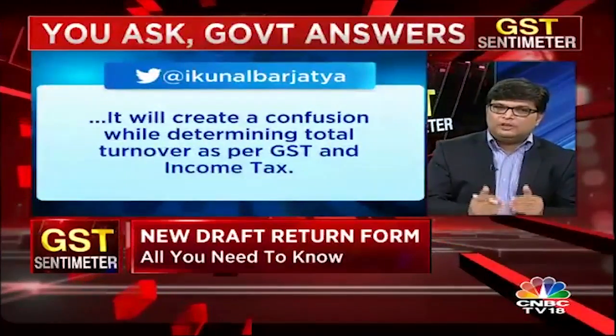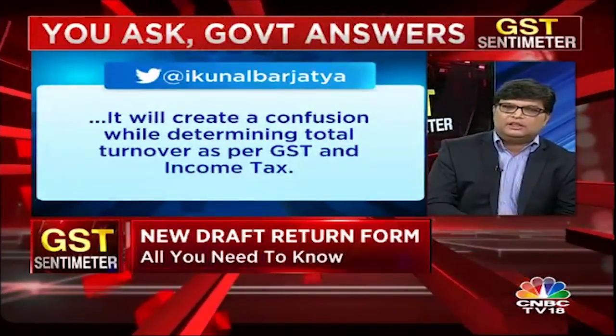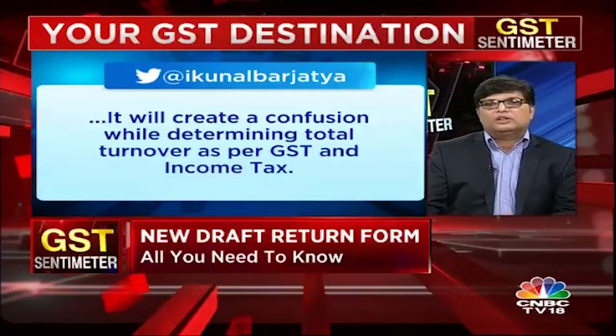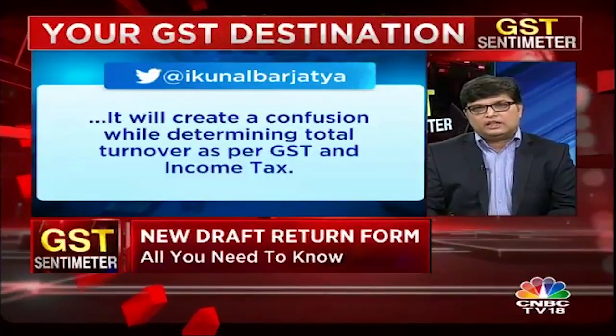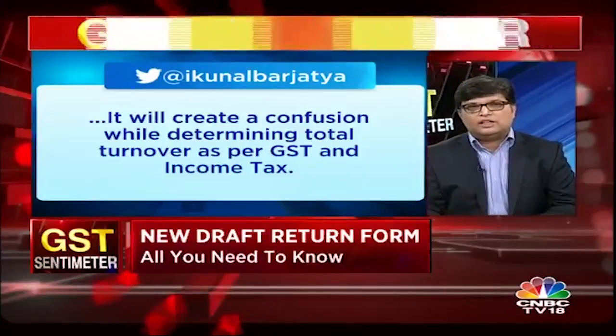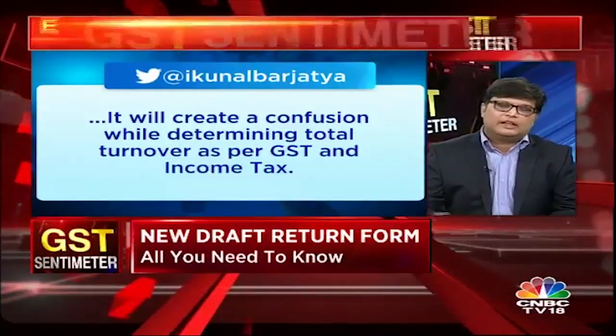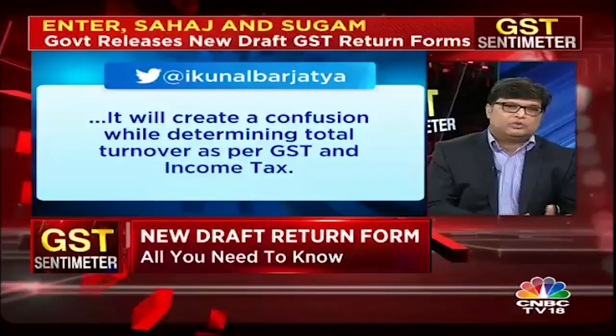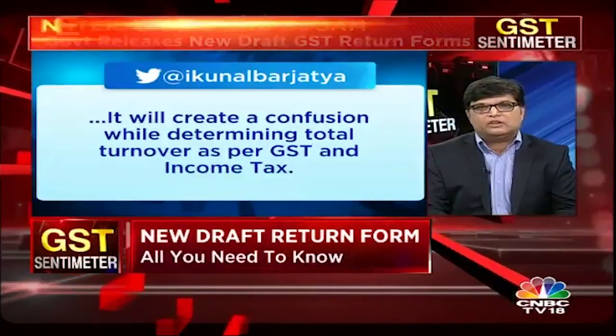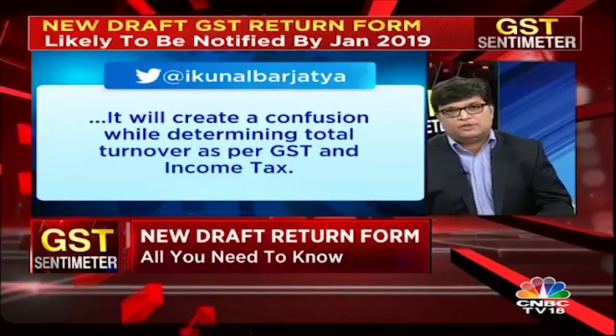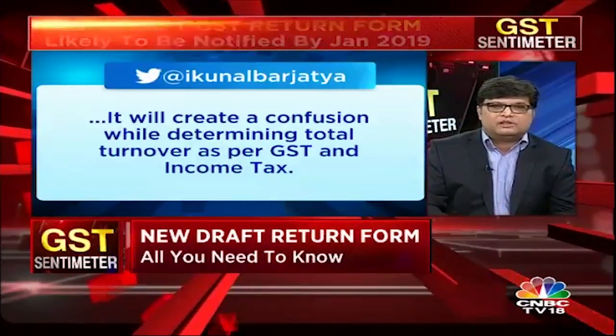So many of the information pieces have been dropped in Sahaj and Sugam in the monthly return, which will be captured in the annual return. So exempt and other kinds of supplies which do not create liability but create turnover will get captured in the annual return. You don't have to fill it 12 times, you have to fill it once at the end of the year, and therefore reconciliation will be feasible while keeping the transactional return simple.